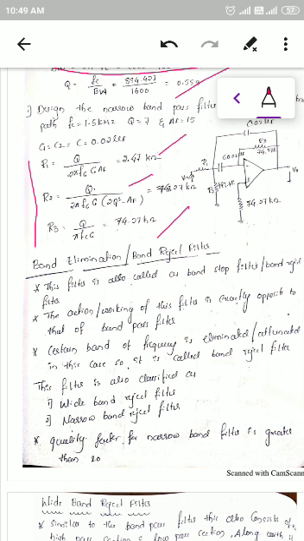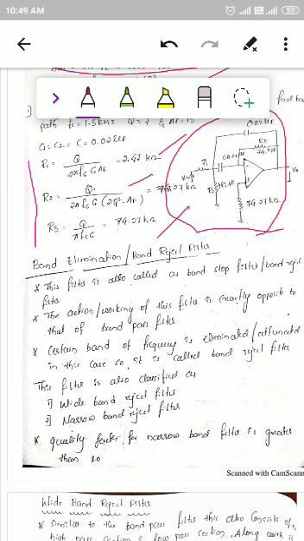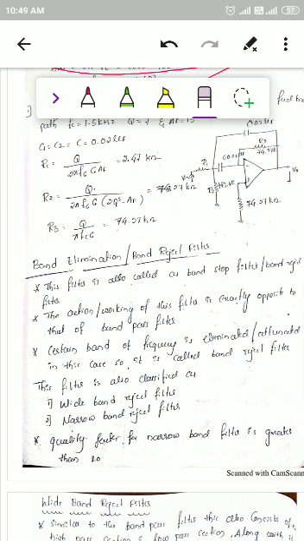Based on how many marks the problem carries, if it is around 4 marks, just do the calculation. If it is 6 marks, you have to draw the narrow band pass filter circuit and substitute all the values which you calculated. So based on the marks, you have to design different things.